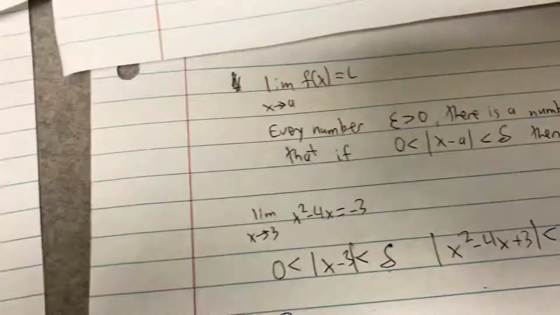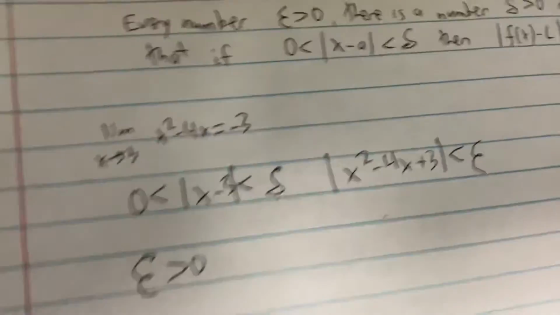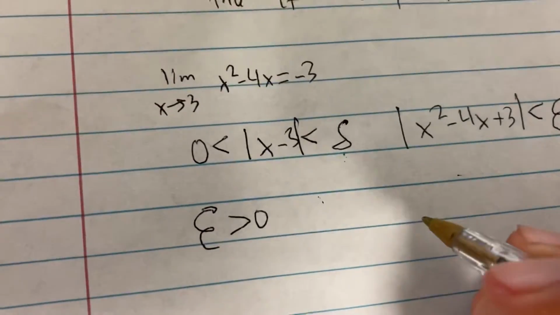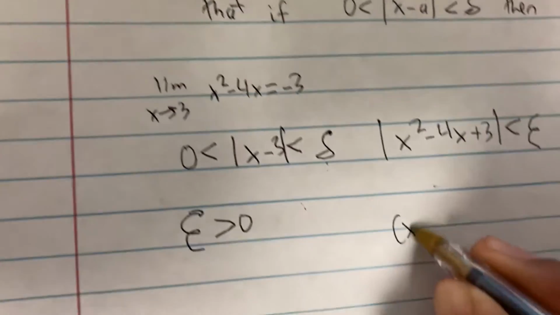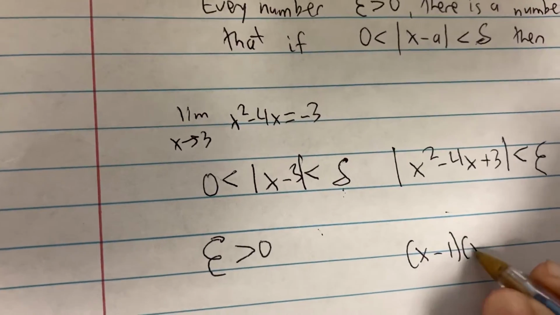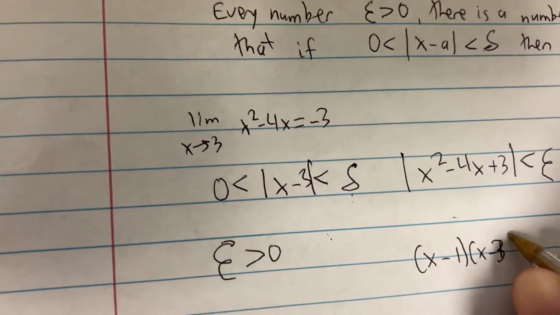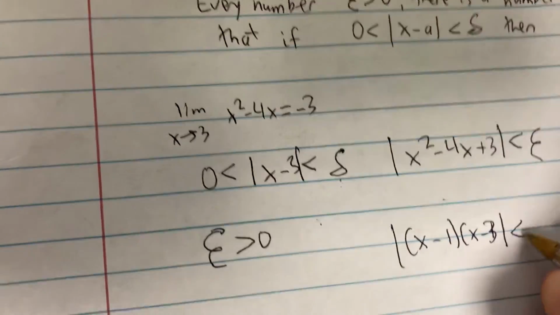So if you factor this part, it would be x minus 1, x minus 3.